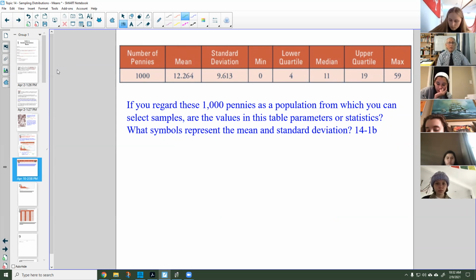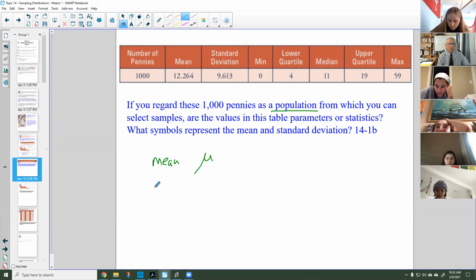All right. So, oh, I just gave this one away. If these pennies are a population, then the mean is represented by, what is that symbol called? Anybody remember? Mu. Mu, yeah, like the cow, mu, right?